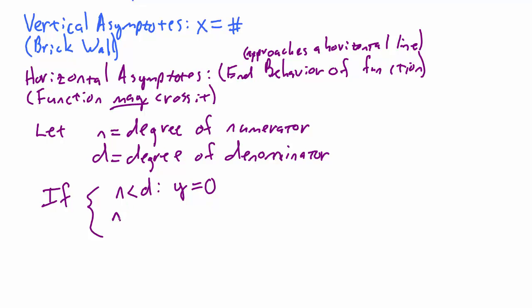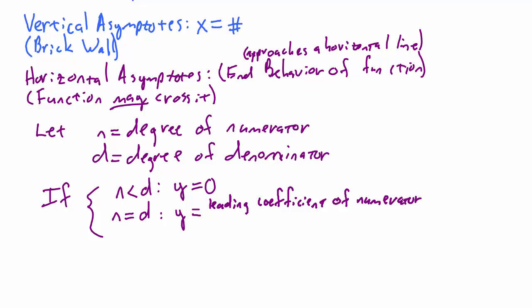Now, when n equals d, we have a horizontal asymptote, and that's y equals the ratio of the leading coefficient of the numerator divided by the leading coefficient of the denominator.